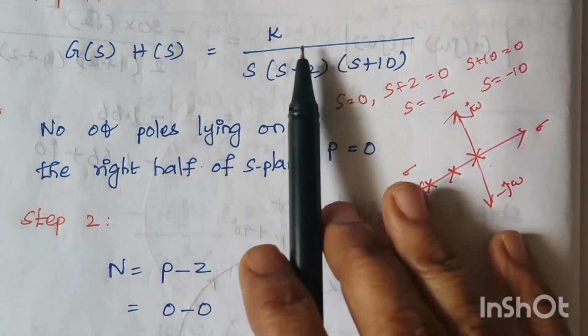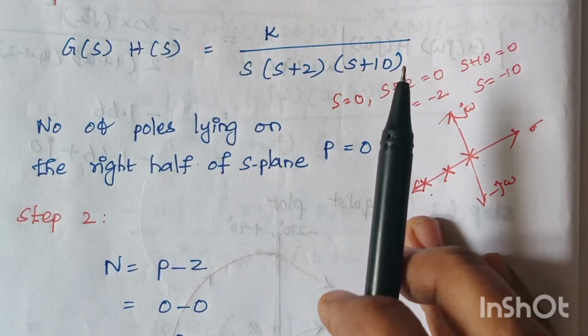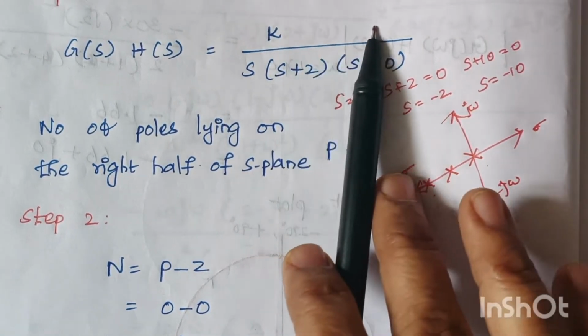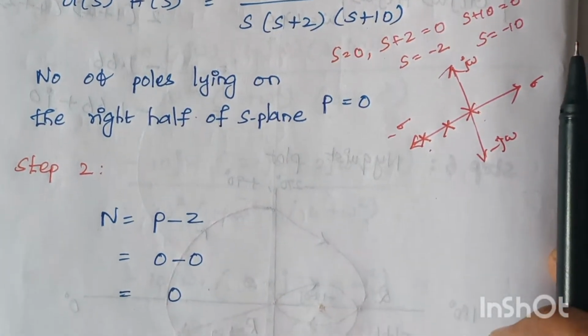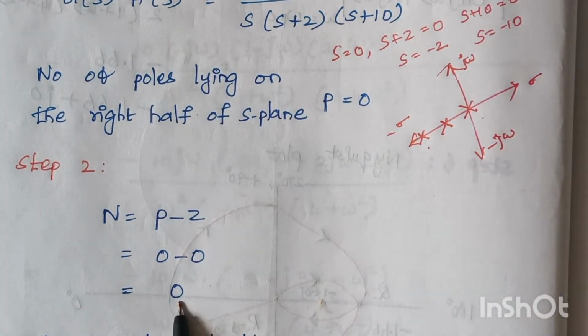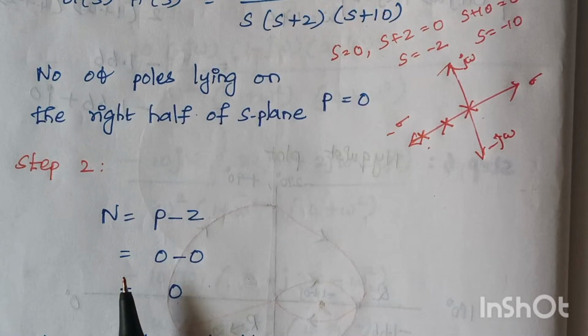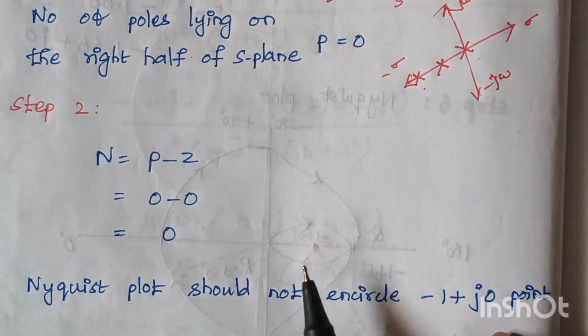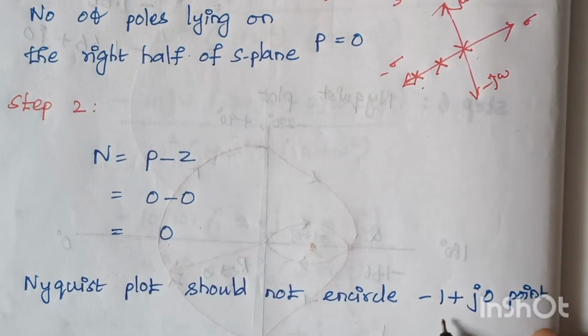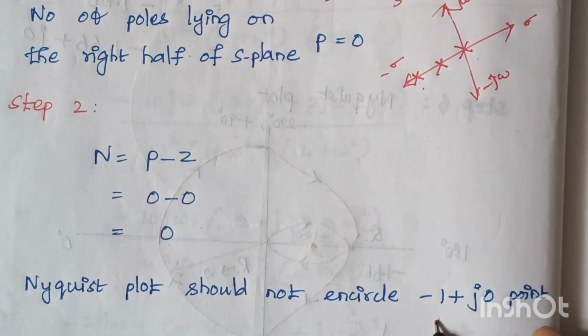And in this problem there are no zeros, because there are no numerator terms with s. So 0 minus 0 becomes 0. The number of encirclements is 0, which means the Nyquist plot should not encircle the minus 1 point.